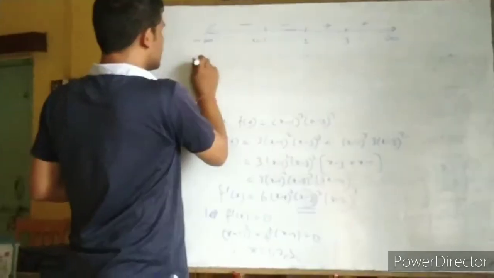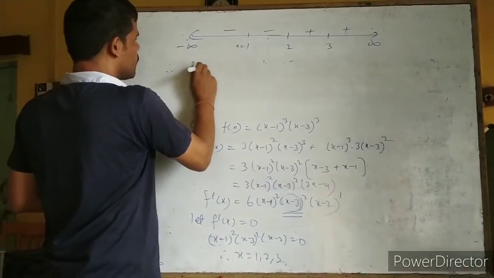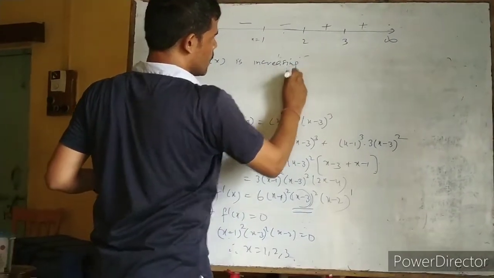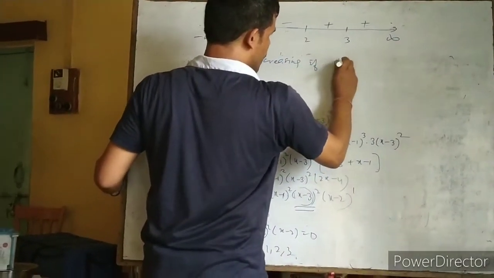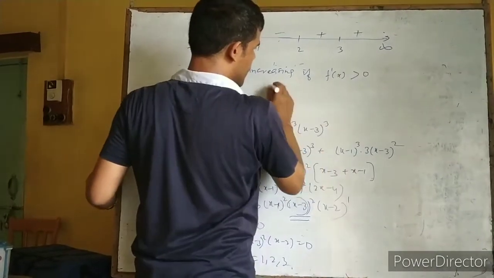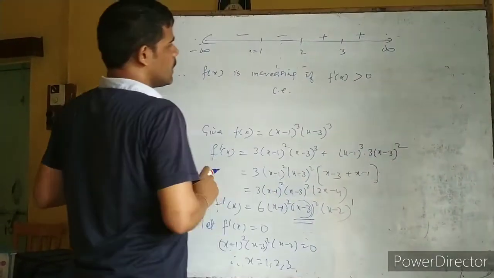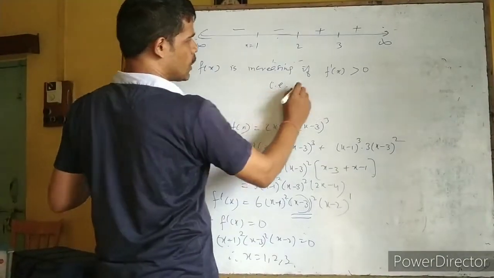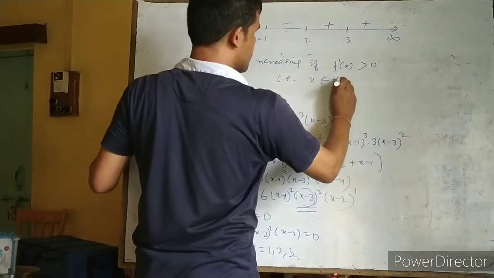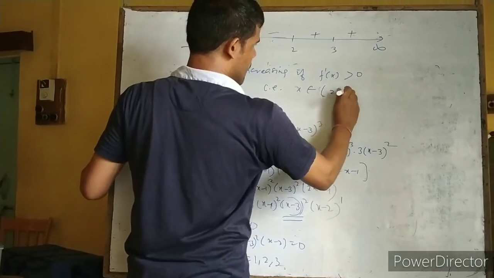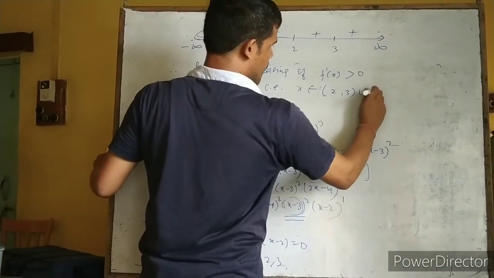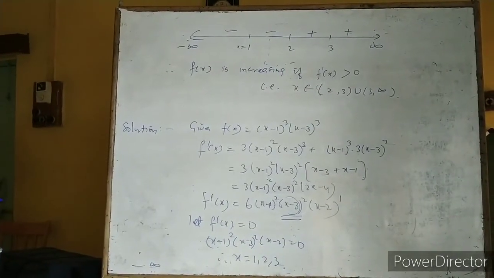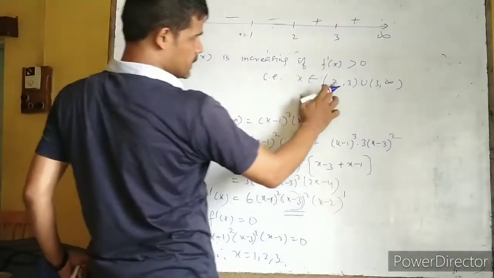So therefore, f of x is increasing if f dash x is greater than 0. So this part is this.